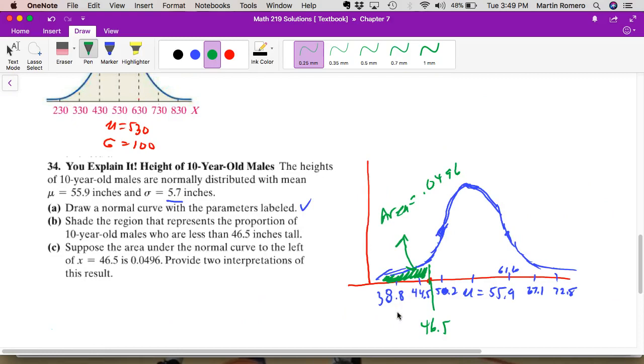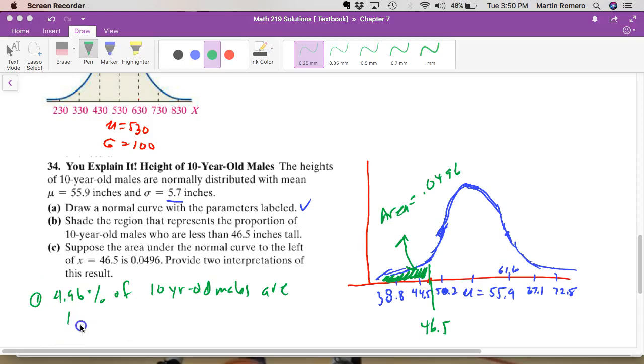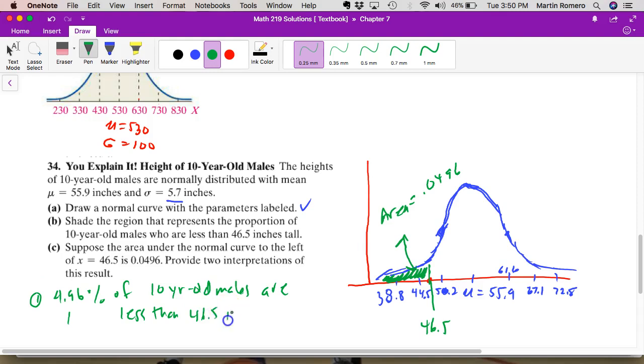And so what does this mean? It means that 4.96% of 10-year-old males are going to be less than 46.5 inches tall. That's one interpretation.